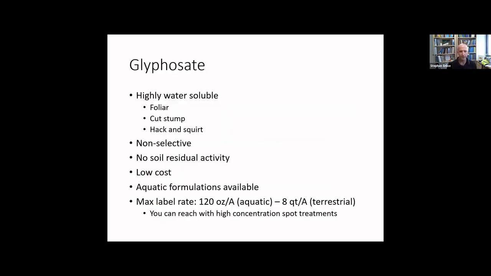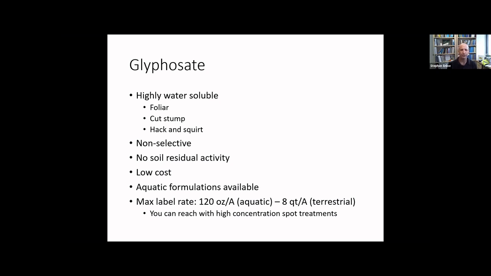I'm not here to tell you to use glyphosate, but some of the properties that have made it useful: a water-soluble herbicide, good for foliar treatments, very good for cut stump treatments at typically 50% on a volume-to-volume basis, and good for hack-and-squirt type treatments at 50 to 100%. It is non-selective with no soil residual activity and very low cost these days.